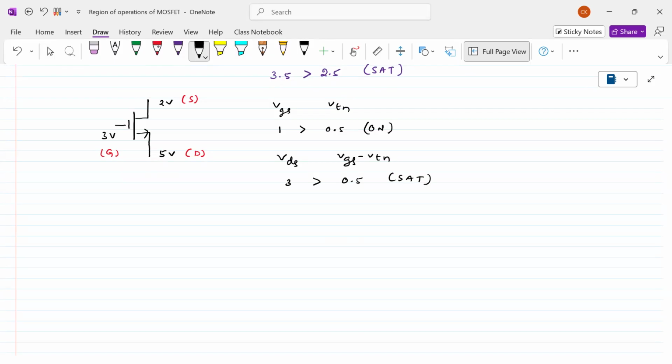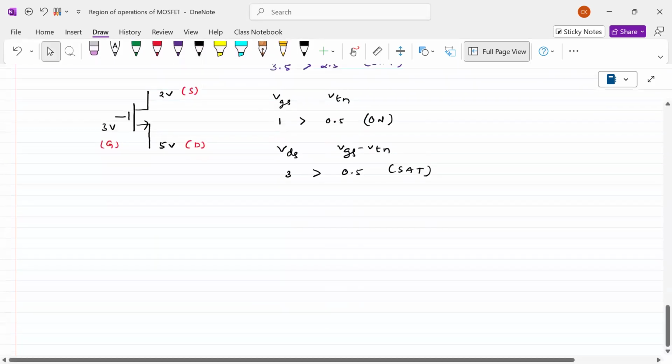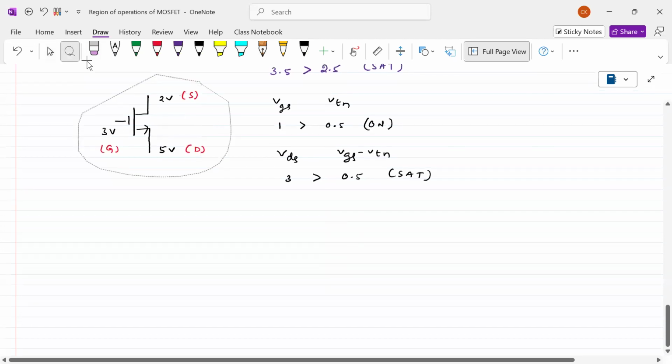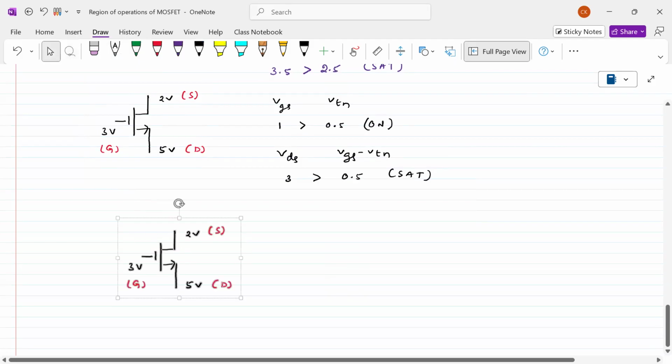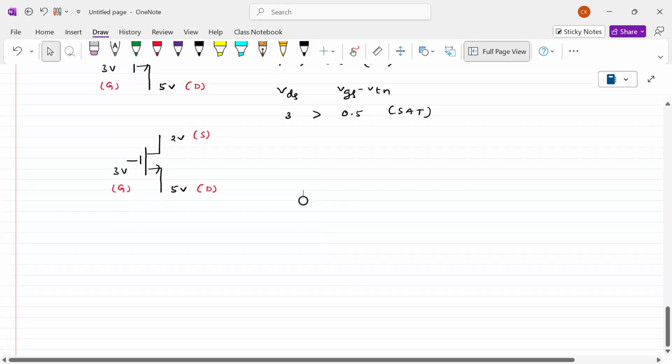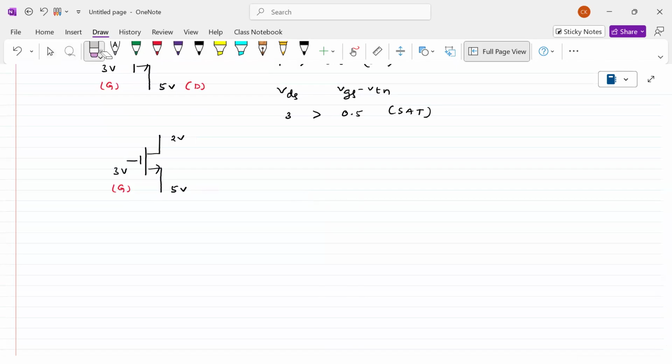So according to the question, you have to say. If I say the same thing, for example, that this is the source, this is the drain, and this is the gate, I have given it in this way initially. Then what is the region of operation?